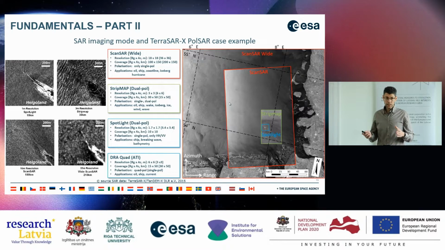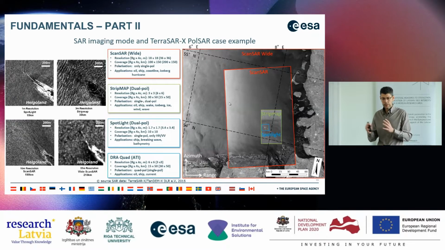Then you have the standard mode, the so-called strip map, because the satellite is moving and scanning in a strip. This gives you a good balance between resolution and coverage.